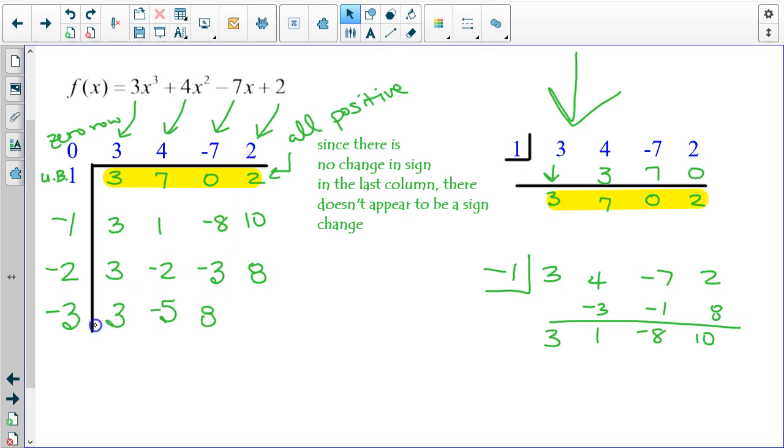So we get negative 24 plus 2 is negative 22. Look at that. We have a positive, then a negative, then a positive, then a negative, which means this number right here is my lower bound, meaning I should not try any number less than negative 3.